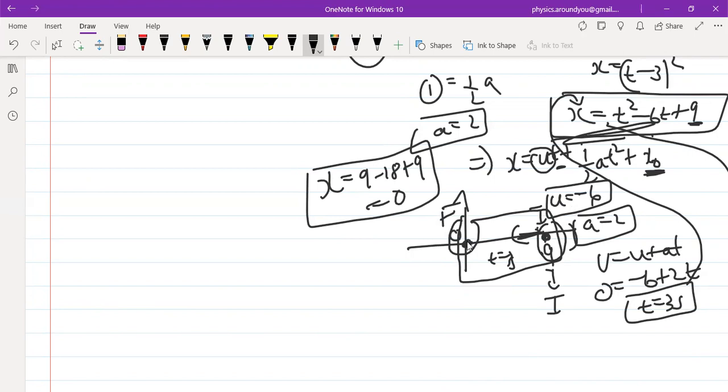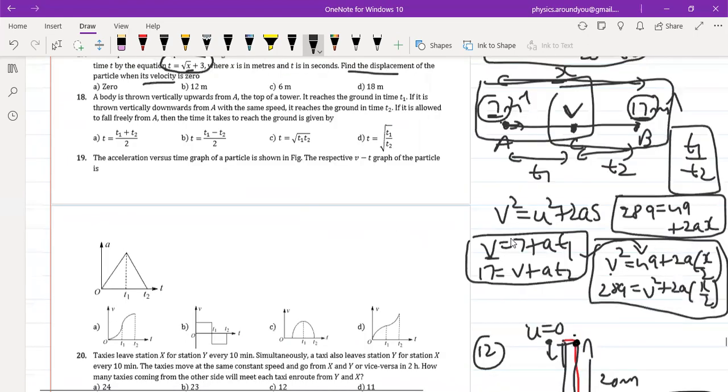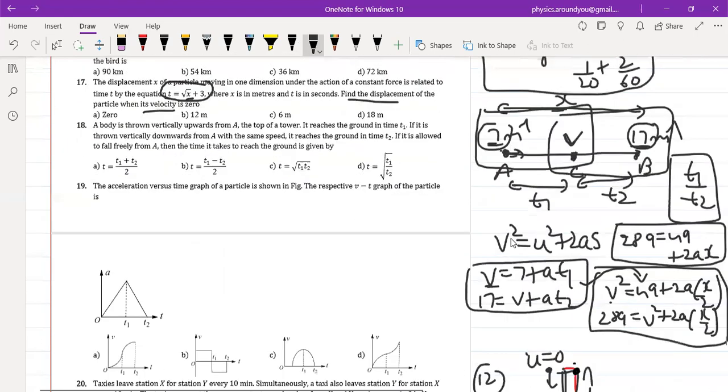At what time would its velocity be 0? At t equal to 3. At t equal to 3, where was it? It was at the origin. So what is the distance between them? That is the catch. The distance between initial and final position is the displacement. So that would be question number 17.